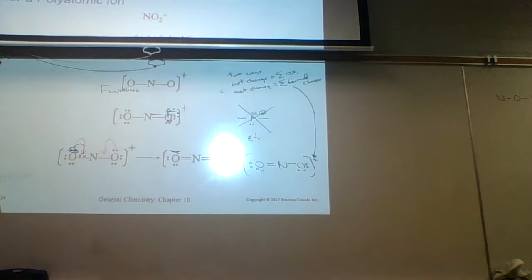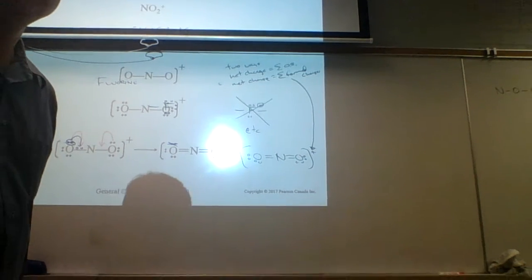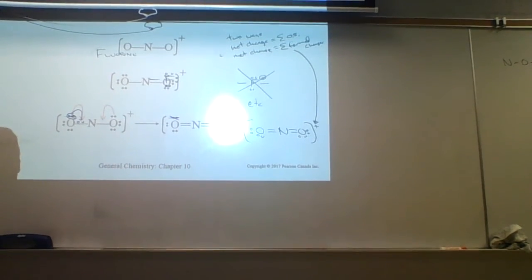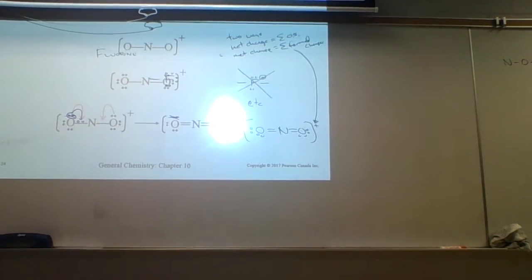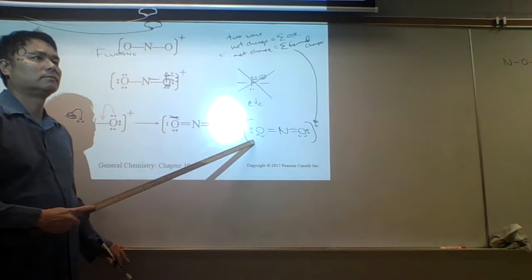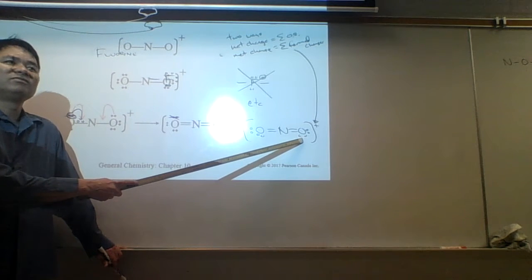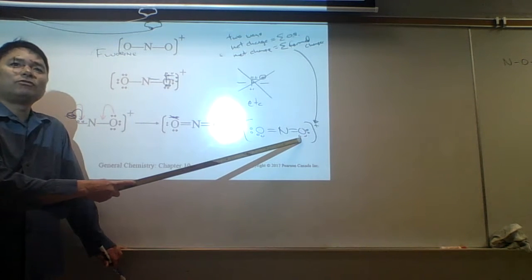Well, let's try both. Tell me what the sum of the oxidation states is. Can you do the oxidation states in your head? What's the oxidation state on this oxygen? -2. This is the same. The -2 and -2 is -4.